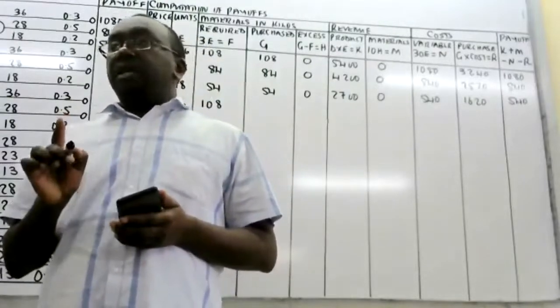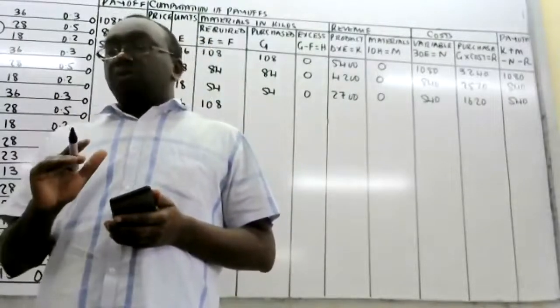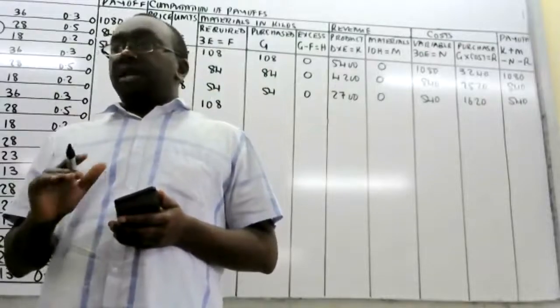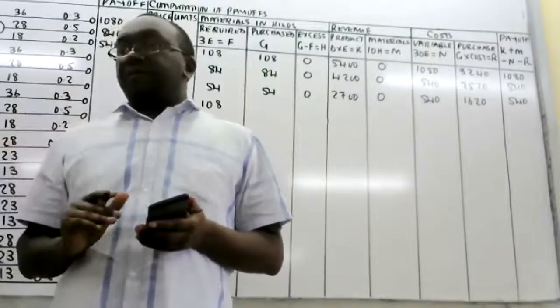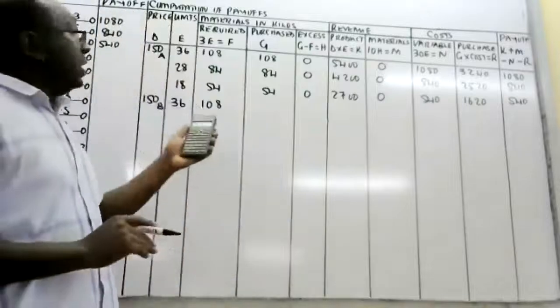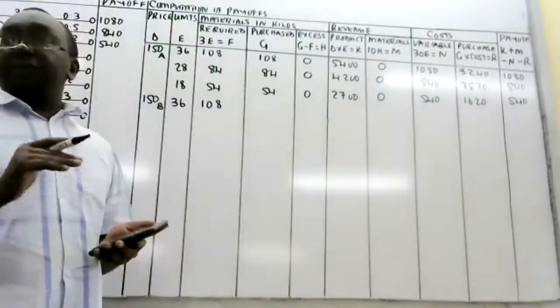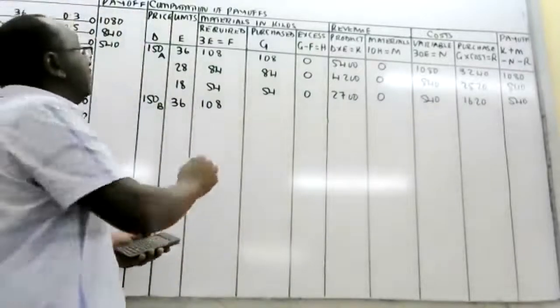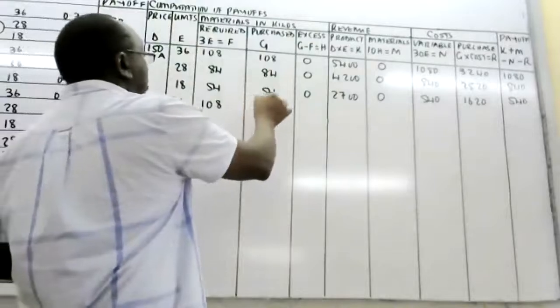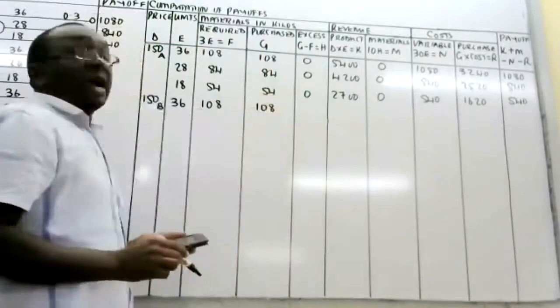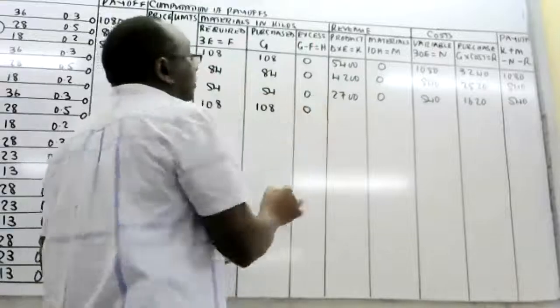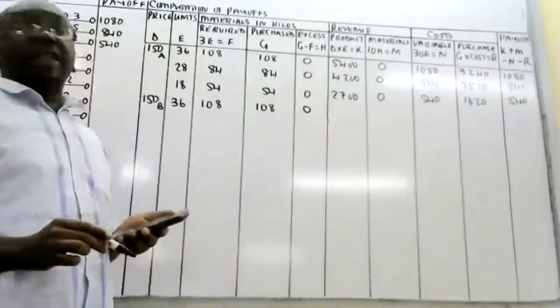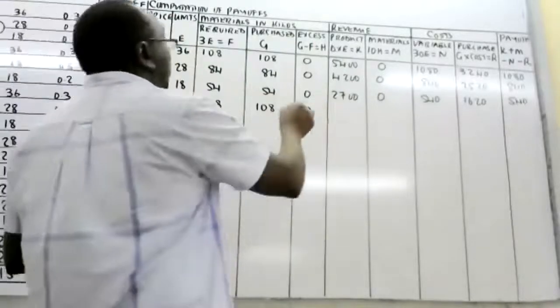That means if you need anything less than 50, you must buy 50. If you need anything more than 50, then you are okay to buy that more than 50. So 108 is more than 50, and therefore we shall be able to buy 108. And when we buy exactly that, there is no excess.